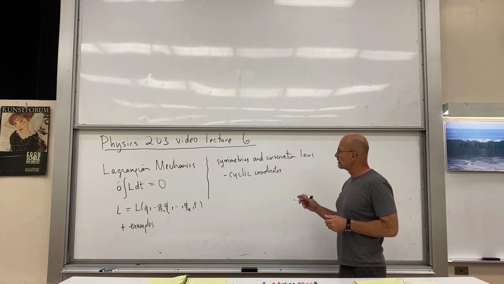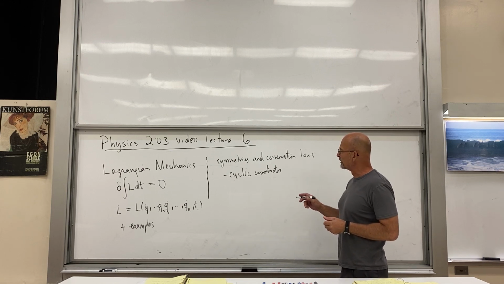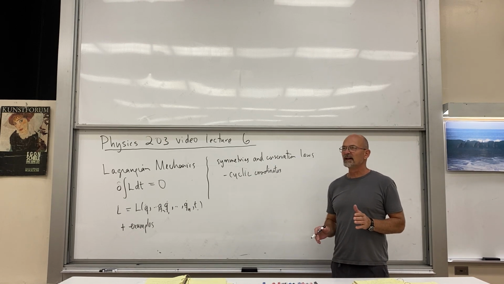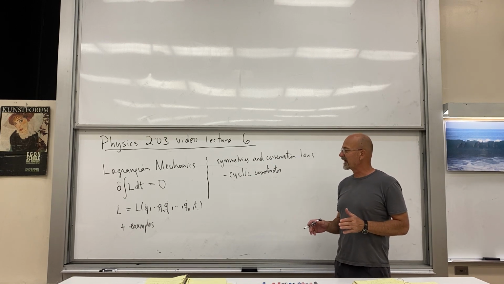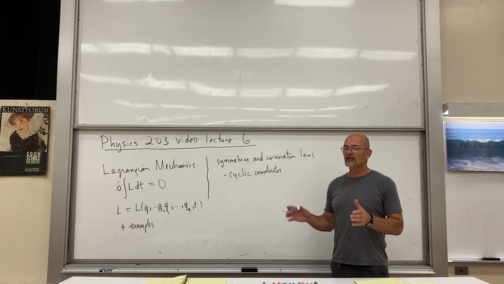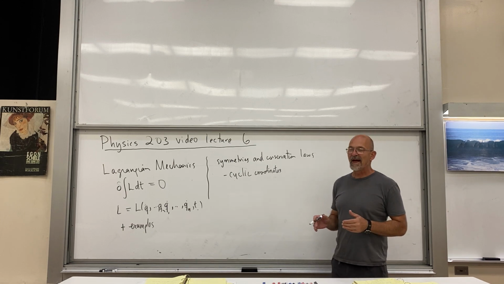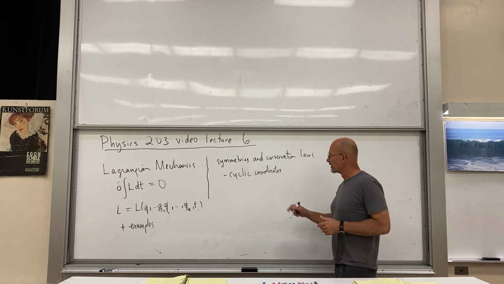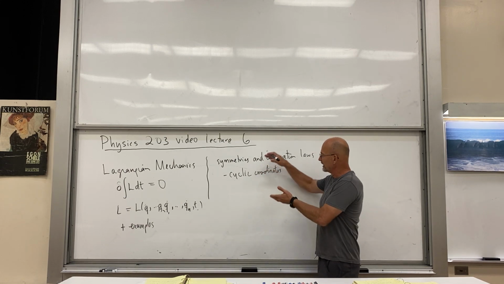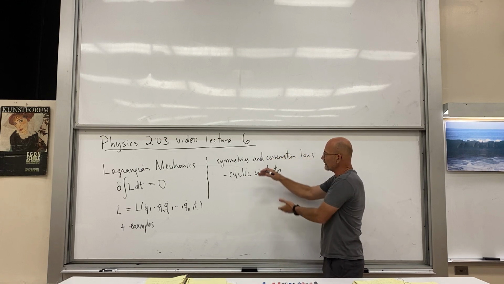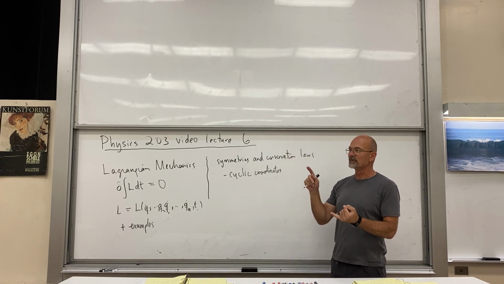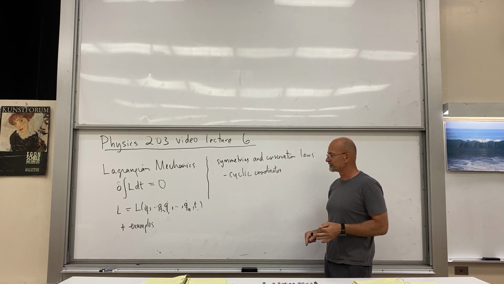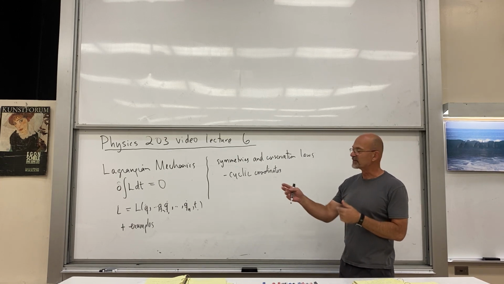So we're going to continue on in this theme a bit, and we could say the overarching idea here is to find out what can we discover about a mechanical system without actually solving the equations of motion. So, for example, here we discovered that we can get conservation of energy, linear momentum, angular momentum, without actually solving the system.